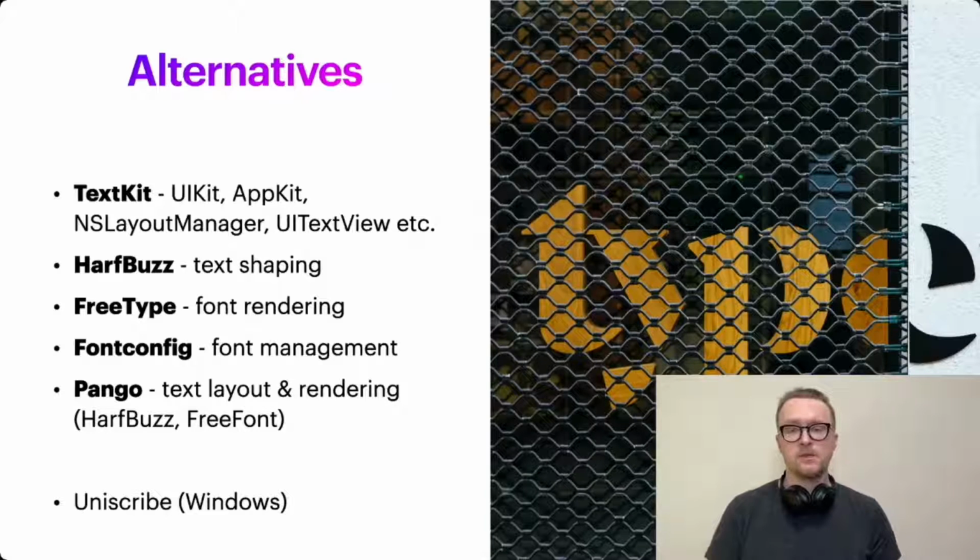This one is used on Linux everywhere. And there's Pango. Pango is closer to CoreText, which is text layout and rendering. It uses the other libraries. On Windows, there's Uniscribe, that is probably the most similar to CoreText as far as I'm concerned.